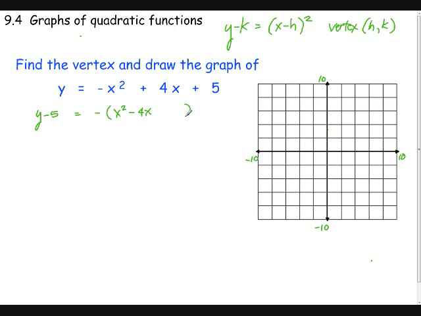Now I'm going to leave some space, because you know when I complete the square, I have to make a perfect square trinomial. So I have one more term that's going to go on here, and it's always going to be added. How do I figure out what it is? I take half of this and square it. Half of this would be negative 2. And I square negative 2, it gives me, that's right, positive 4.